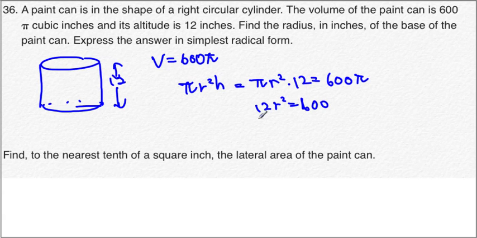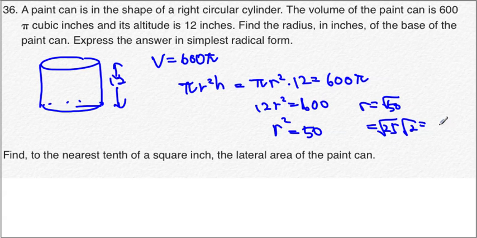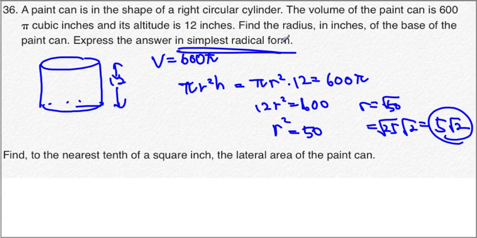Dividing by 12 on each side, r squared must be equal to 50. Then r must be equal to the square root of 50. But if you have to simplify this one, because 25 and 2, we realize that 5 radical 2 must be the simplest radical form. So 5 radical 2 inches.